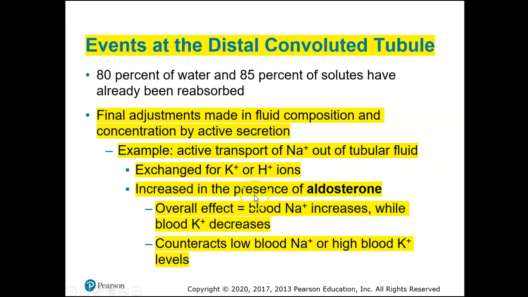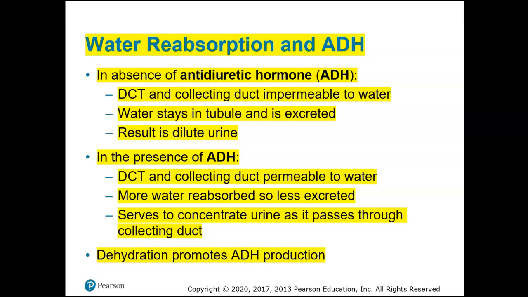This active transport of sodium is increased in the presence of aldosterone. The overall effect is that the blood sodium level increases while the blood potassium level decreases. And the purpose is to counteract low blood sodium or high blood calcium levels. So that's just one example.